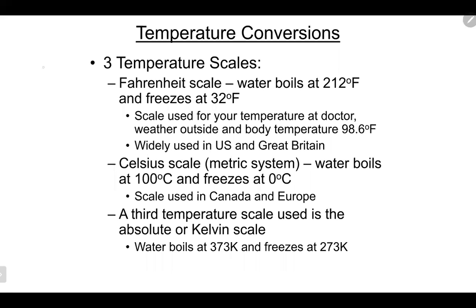When we do Fahrenheit, it is degrees Fahrenheit. More of a metric system type of unit is Celsius, where water boils at 100 degrees Celsius and freezes at 0 degrees Celsius. Those are two numbers you should know, and that is degrees Celsius.